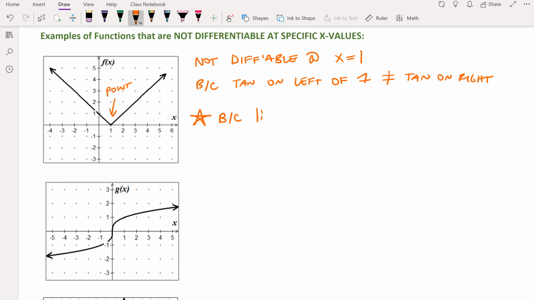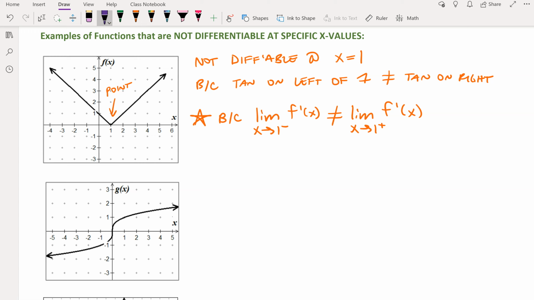Because the limit as x approaches 1 from the left of the derivative, that's a tangent, that's the slope of a tangent line, is not equal to the limit as x approaches 1 from the right of the derivative. These slopes do not equal on the left hand and the right side. See, look, let me show you.